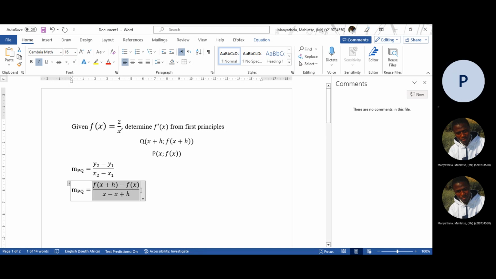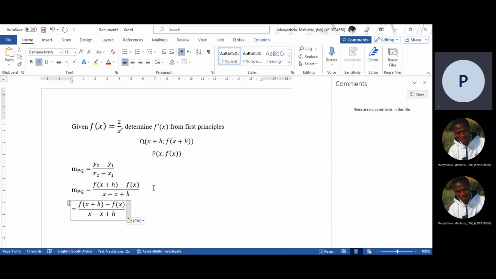So the gradient of PQ will be equal to f of x plus h minus f of x over h. So this is where the formula that we're going to use derives from: f of x plus h minus f of x over h equals the gradient.